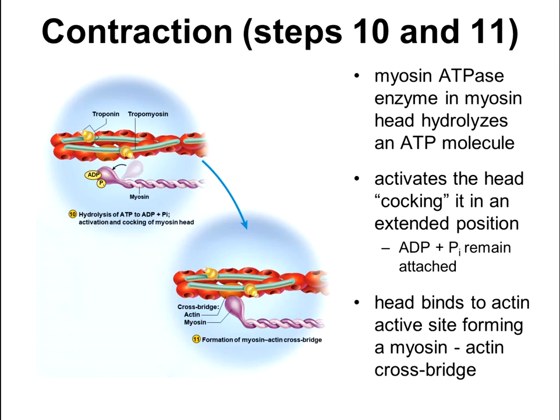We have ATP, triphosphate. When one is broken off, we have ADP, diphosphate. And that extra energy allows for the activation of the head, or what we call cocking, which means it's being clicked back so that it is now able to connect.